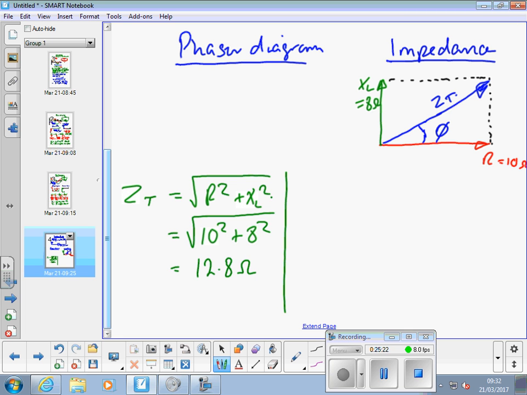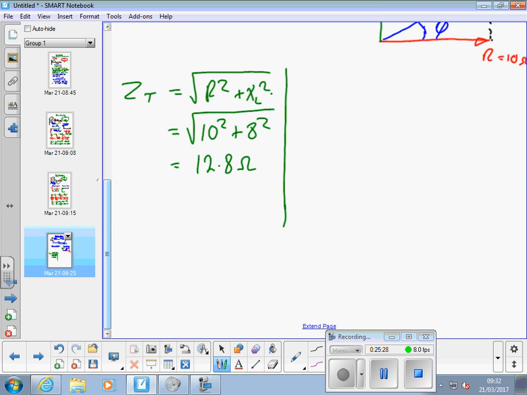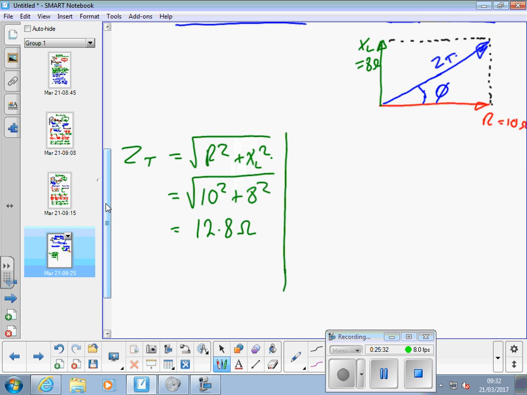How would you do the angle, given the information you've been given? Yeah, you could use sine. What are you doing if you use sine here?